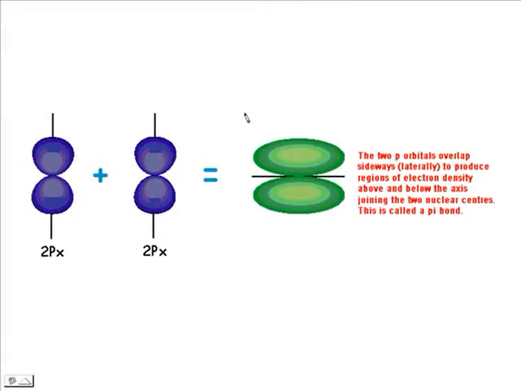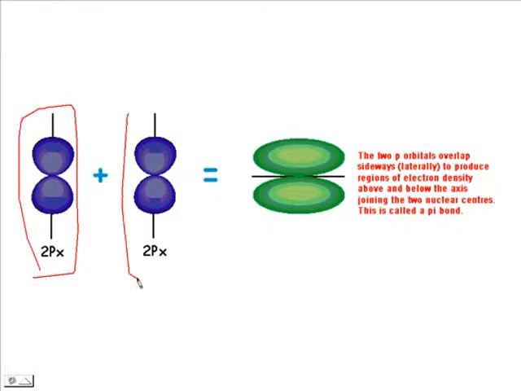For the p orbitals, we're going to take those p orbitals that still have an electron in them, and if you take another p orbital and simply squish them together, you end up with 2 p orbitals that make a combined molecular orbital region, both up above and below the axis where the nuclei are.